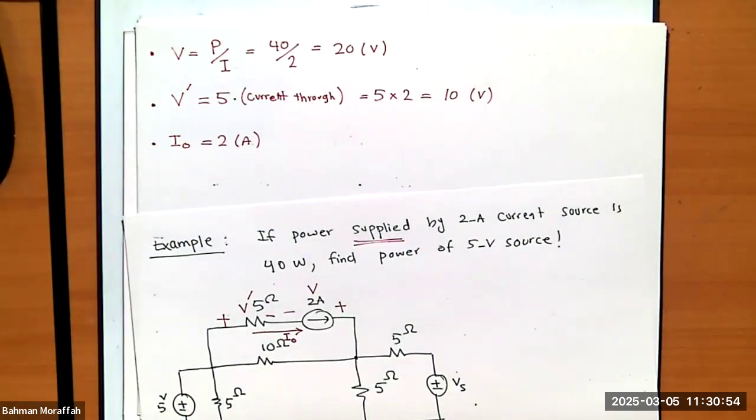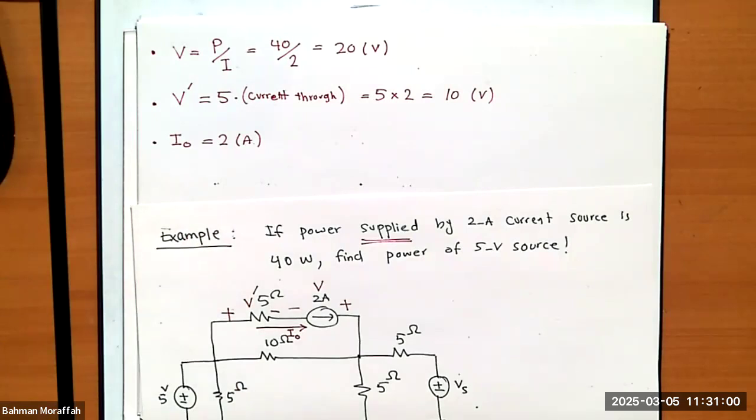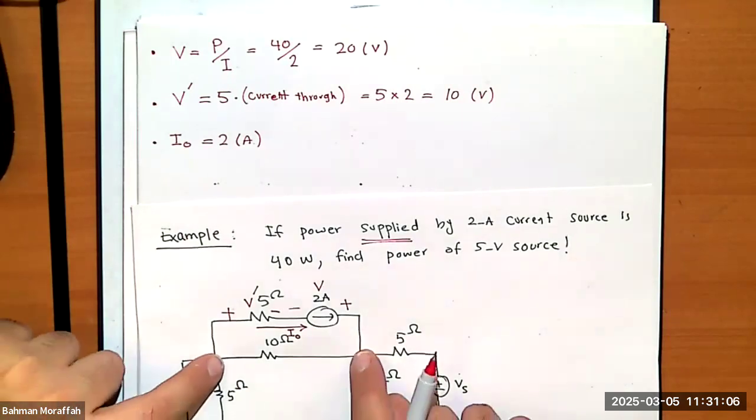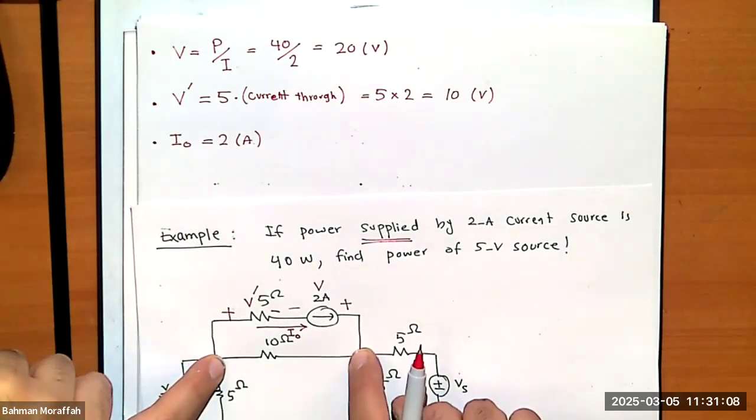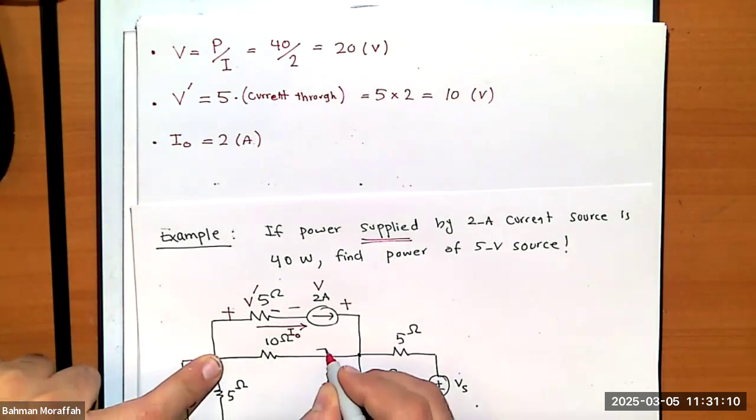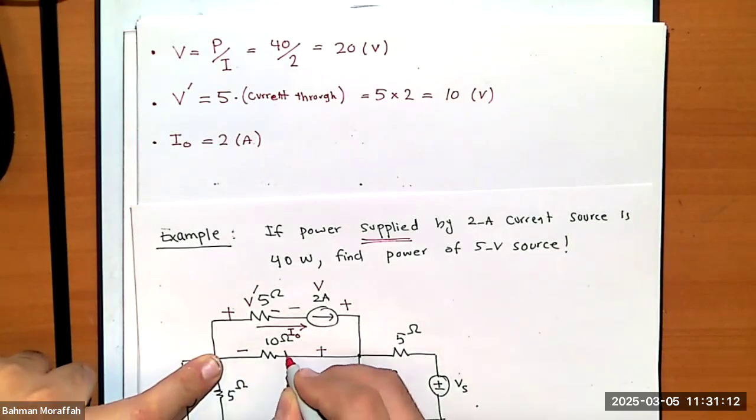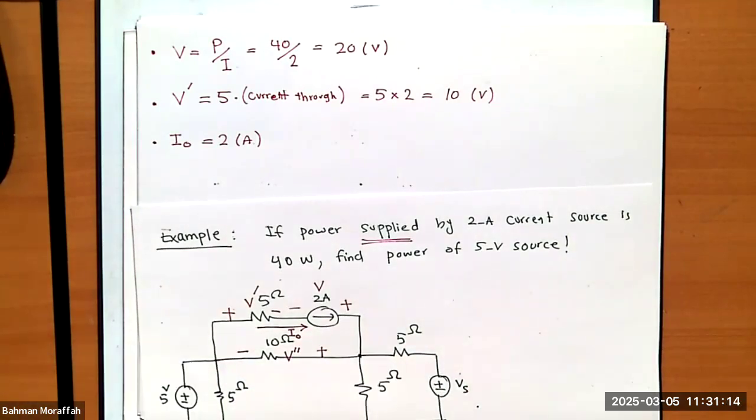Right? What else do I know in this circuit? Let me call voltage across this 10 ohms V double prime.